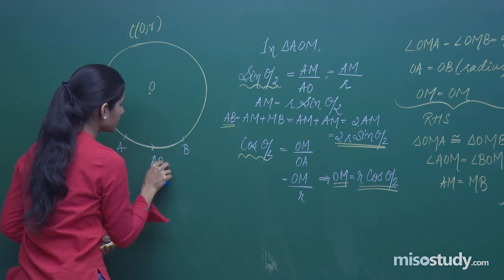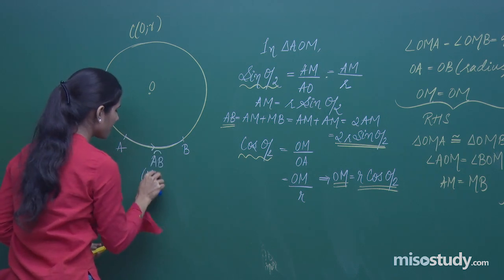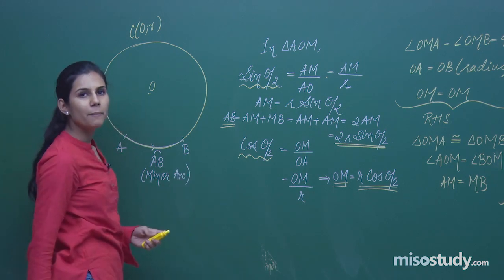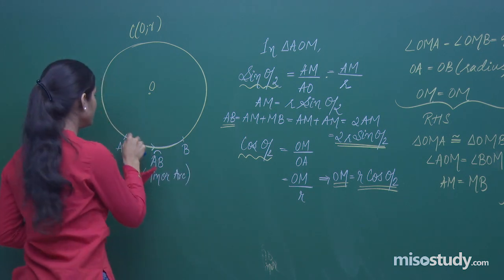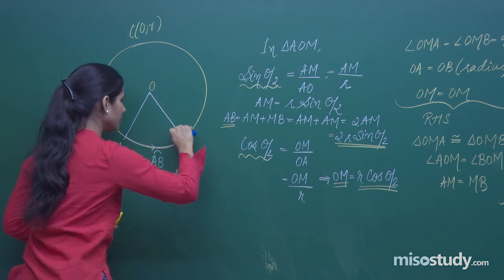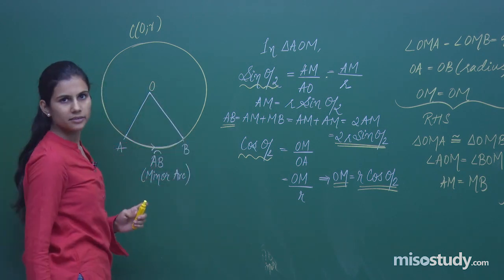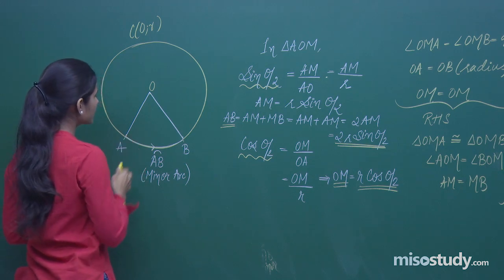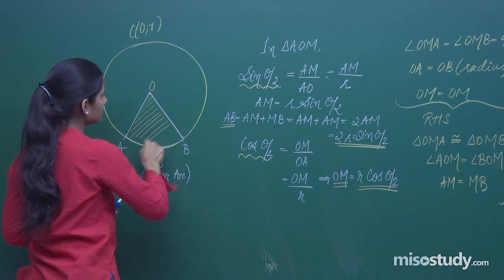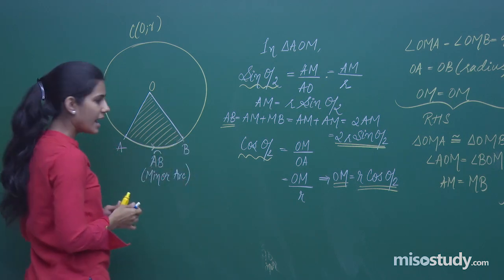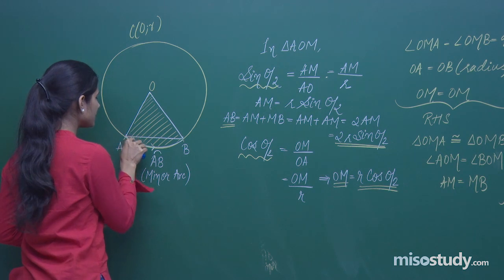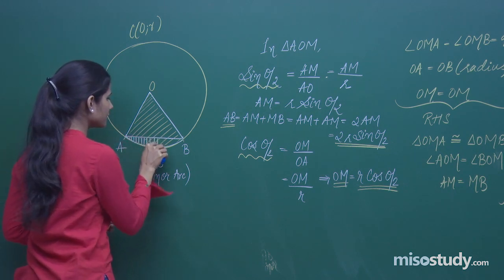So AB arc you can see is the minor arc. Corresponding to this arc, there will be a minor sector and a minor segment. Please try to see this. This is minor sector. Okay, so this complete, if I talk about this, is minor sector. And if I join A with B, this that you can see is the minor segment.